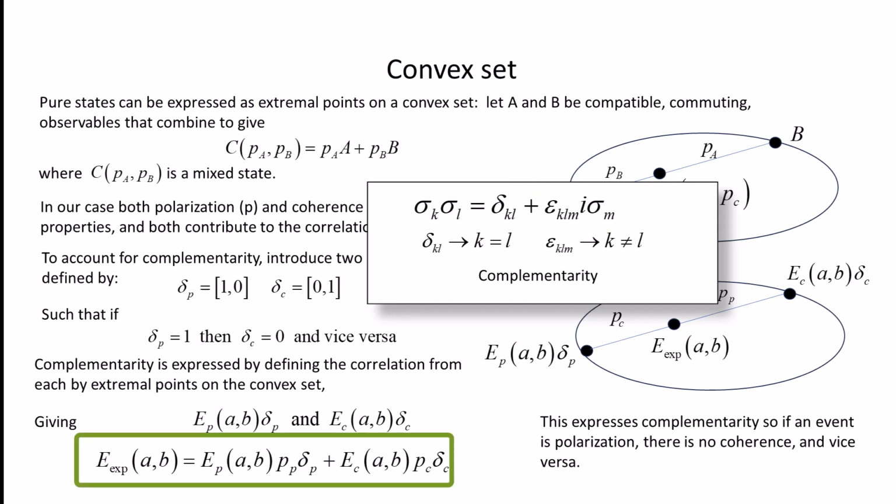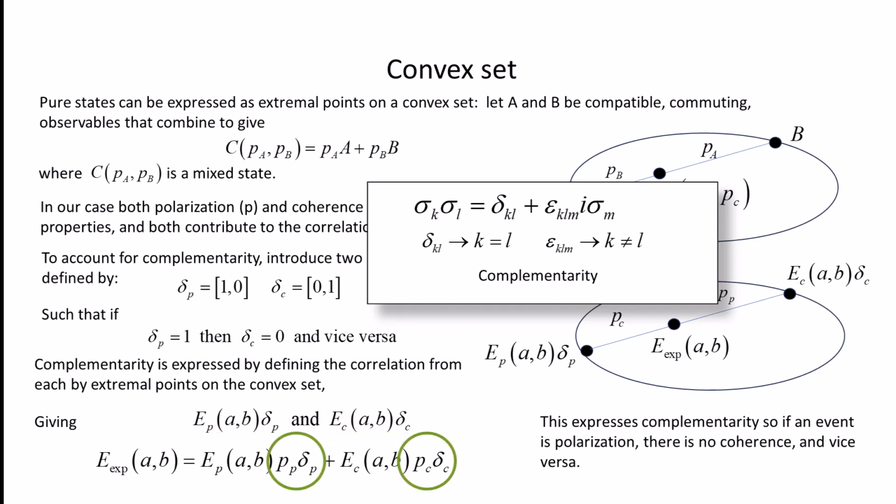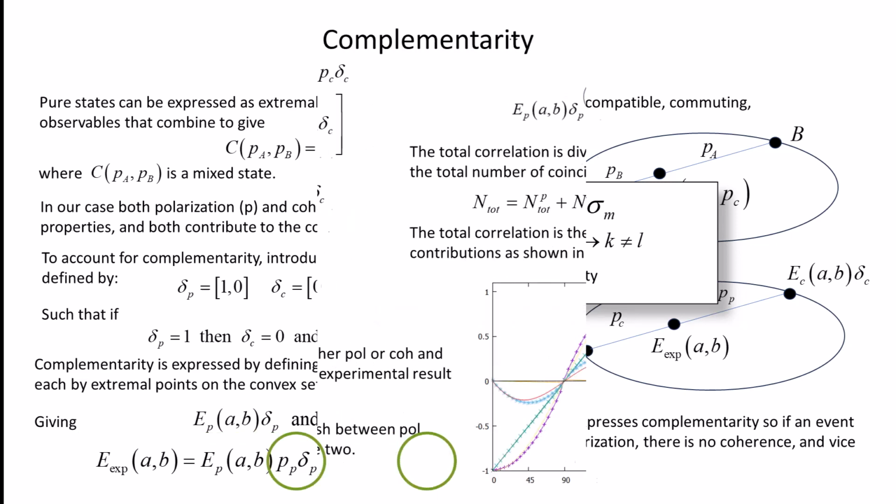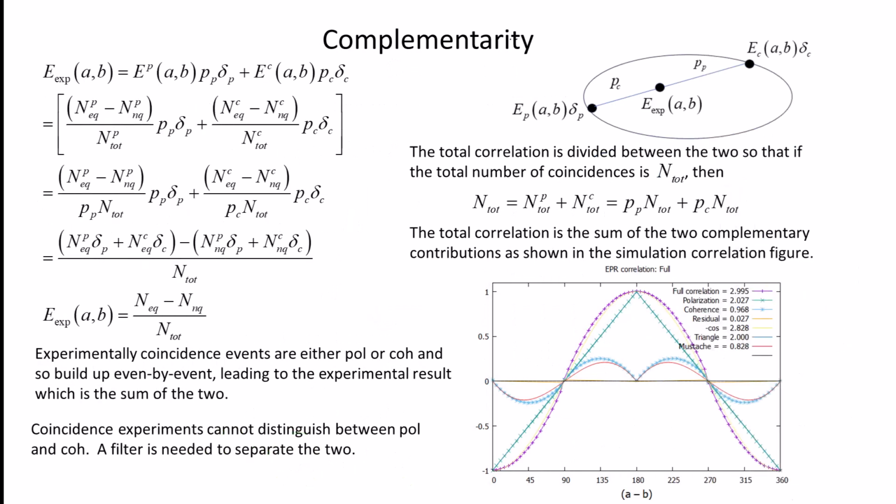We therefore conclude that for complementary properties, we must write the sum using both the probabilities, which give the distribution of cliques, and the Boolean operators to ensure complementarity. On this slide, we showed that this leads to the sum of two contributions without the weighting due to the probabilities.